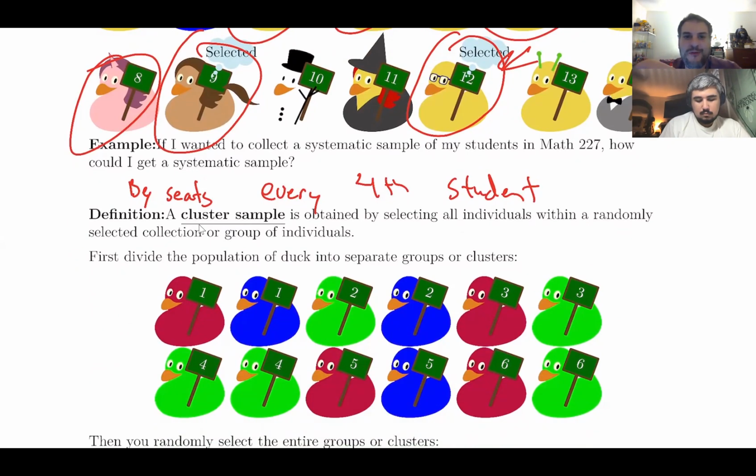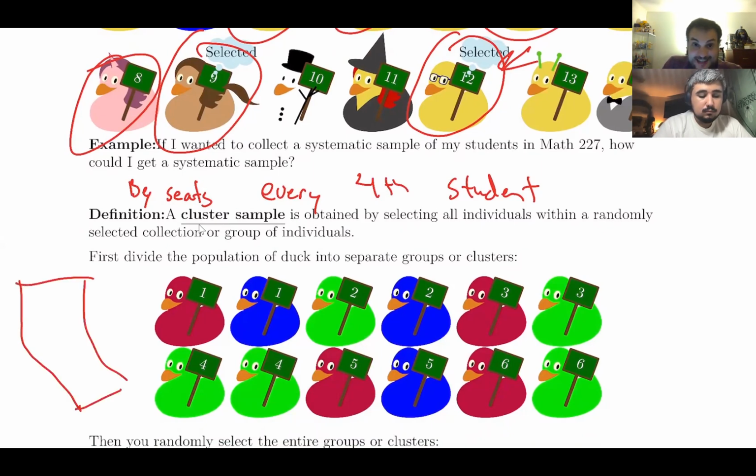One way you could do a cluster sample, say if we wanted to do a sample about everybody that lives in California. But you can't really go and get everybody in California. So what you want to do is, all right, so that's California.